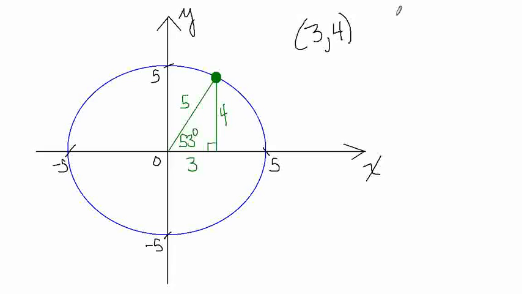Now, can you see that by specifying the radius of that circle and the angle of that triangle, with those two different bits of information you can still identify the same position?